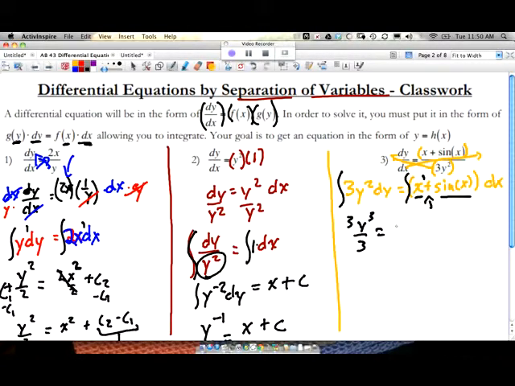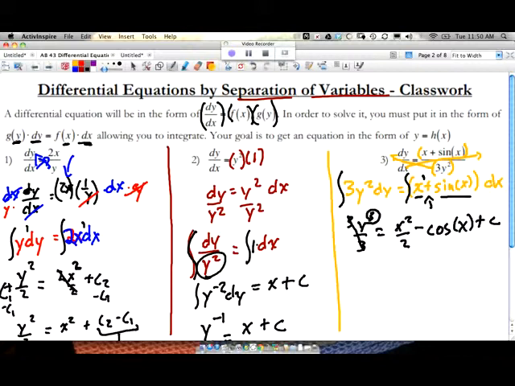So the antiderivative of x to the first power is going to become x squared over 2. Those 3's cancel, by the way. And then we have the antiderivative of sine of x. The antiderivative is negative cosine of x. And then, of course, the plus c.